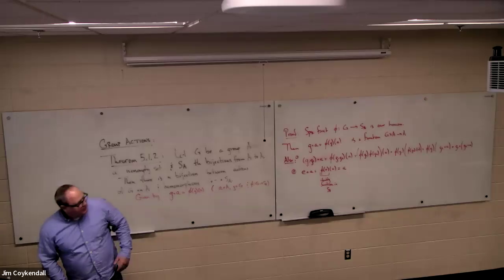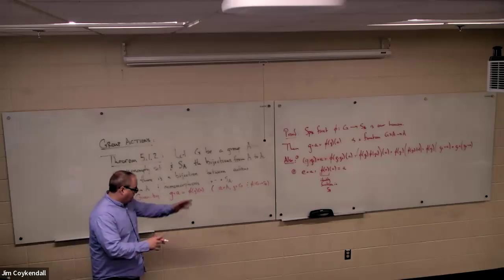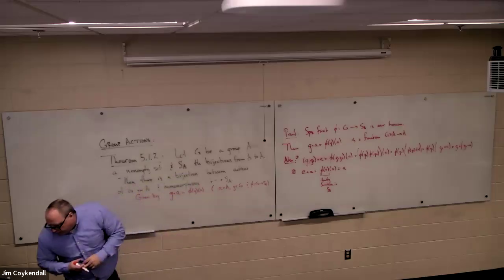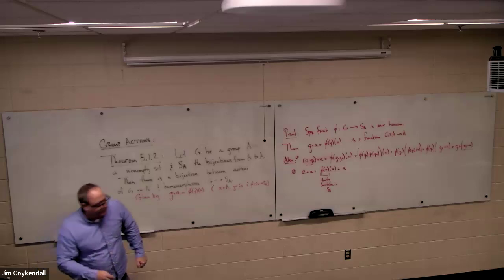So what I've shown is, if I start with a homomorphism, this definition gives me an action. Now I want to start with an action and show that this assignment gives me a homomorphism. Suppose that we were given the action.